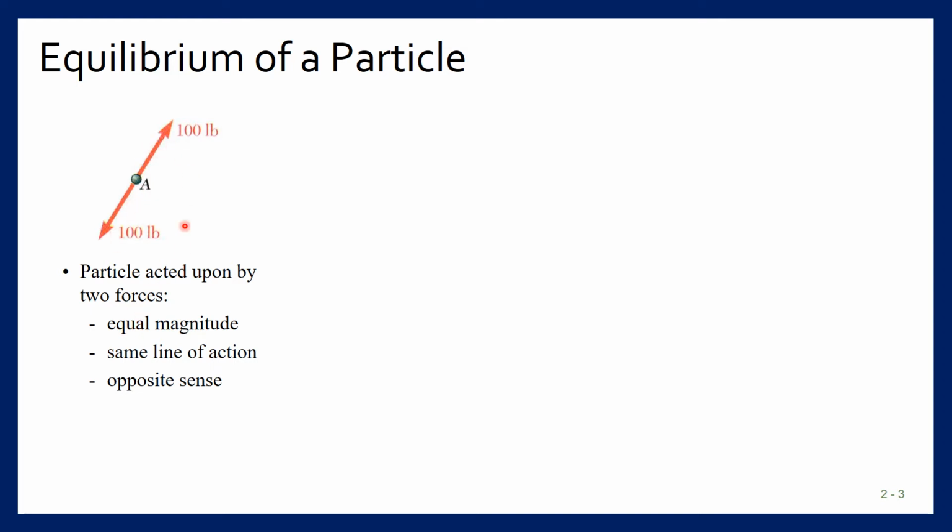These forces are equal in magnitude and have the same line of action but are opposite in sense, meaning their direction is opposite. So when you calculate the resultant, obviously it will be zero. So we can say that this particle is in equilibrium because the resultant of the forces acting on it is zero.